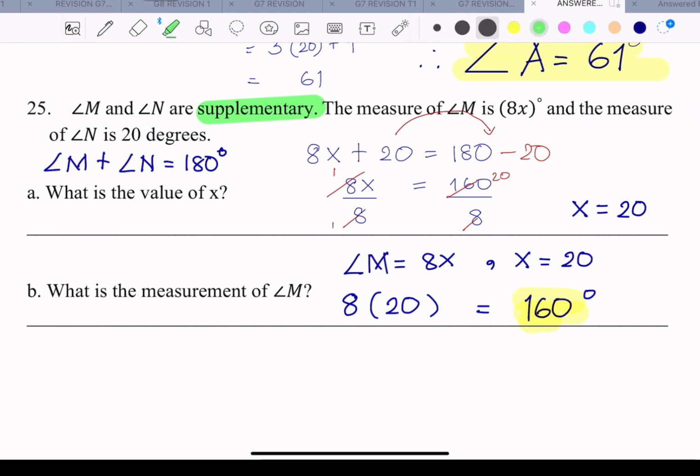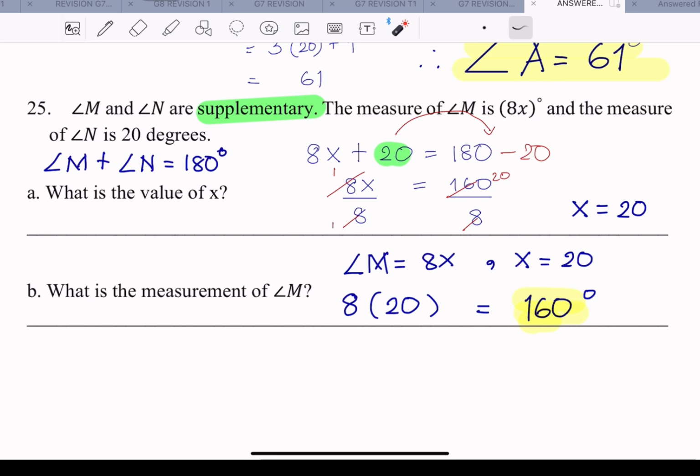Then you move 20 to the other side to subtract from 180. Then we have left over 8x is equal to 160. Then we need to remove 8, so we divide by 8. That is x is equal to 20.